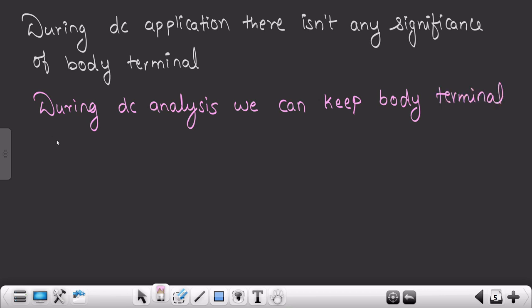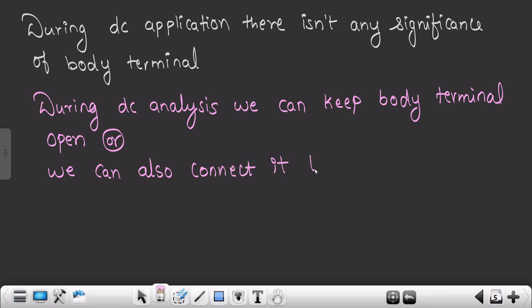That means it's fine even if we are not connecting it to ground. Or we can also connect it to ground.